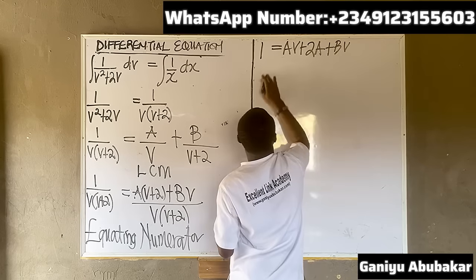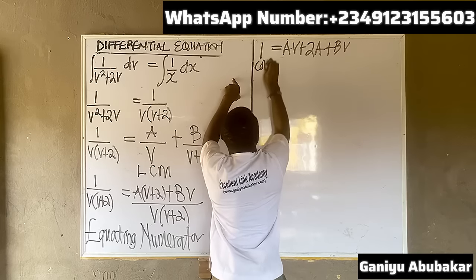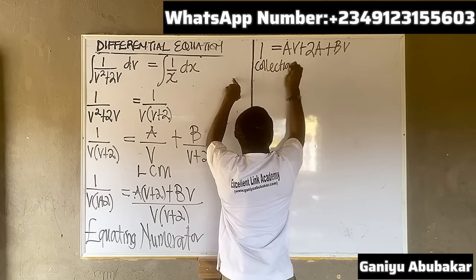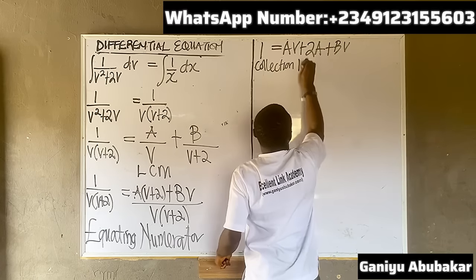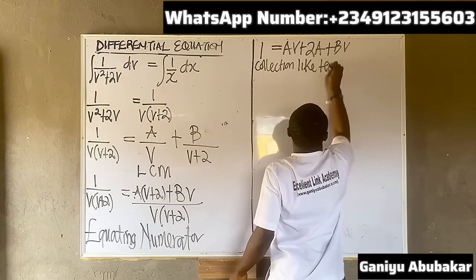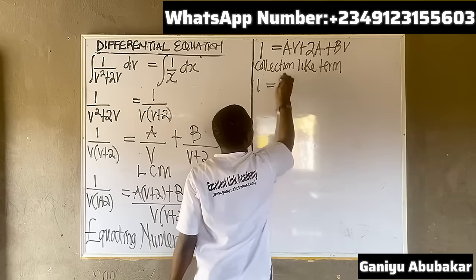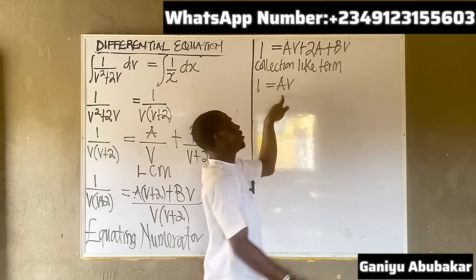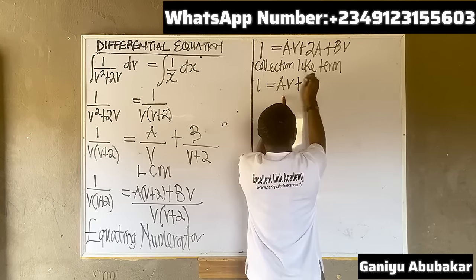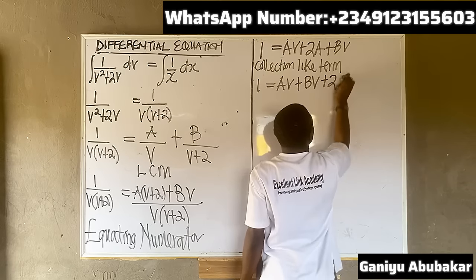I have equated the numerator. From here, collect like terms. Collection of like terms. That gives you 1 equals Av plus Bv plus 2A.